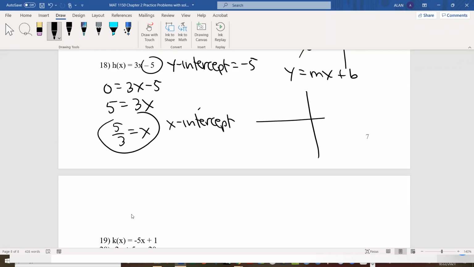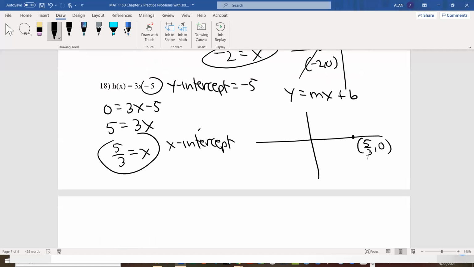Okay. So that means that we have, let's say, that's our x-intercept. The y-intercept is down here somewhere, -5, 0. And this is our line.